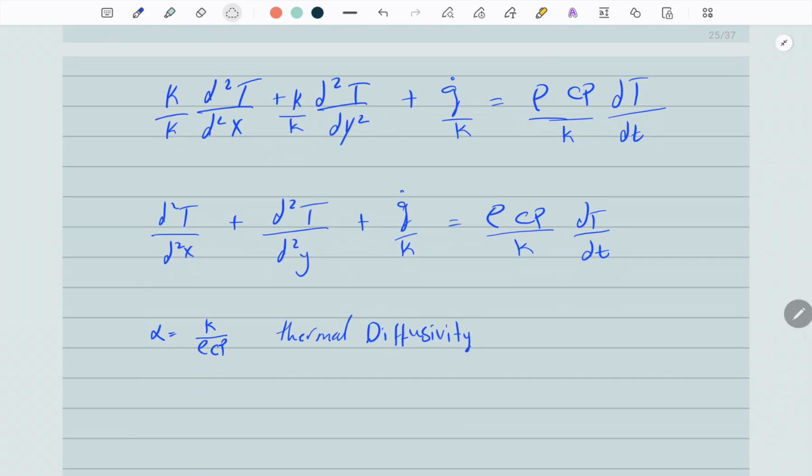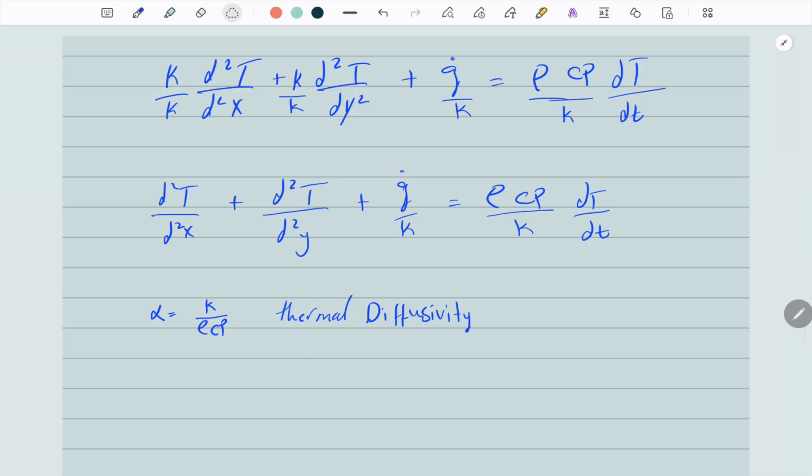And from the previous class, we covered that the thermal diffusivity is k over density Cp. So therefore, this term here could be referred to as 1 over thermal diffusivity. Okay, so we'll rearrange it.